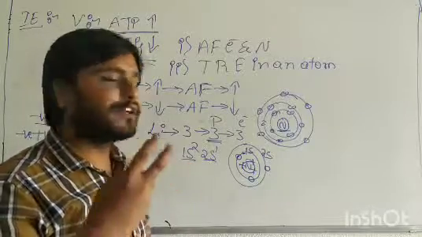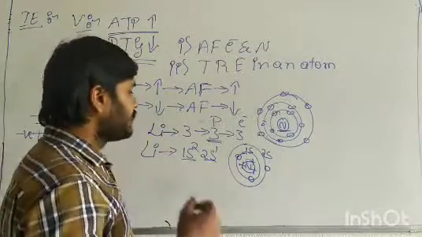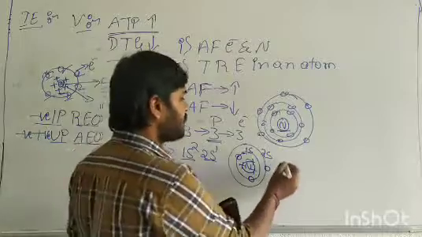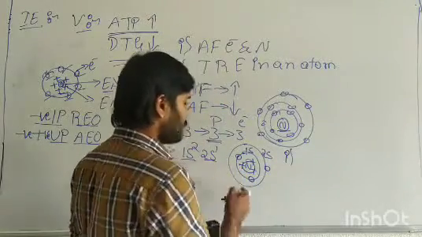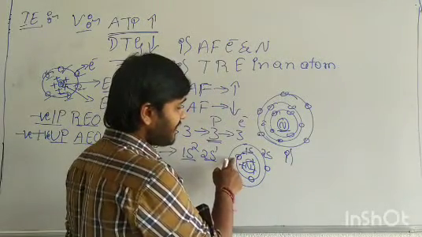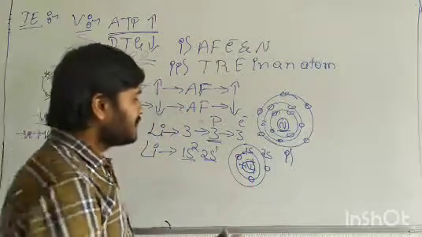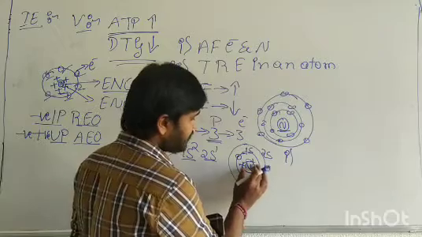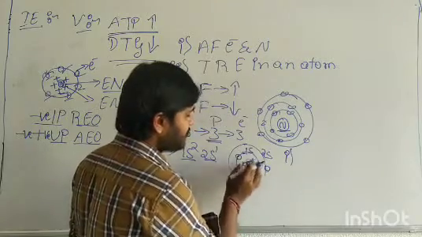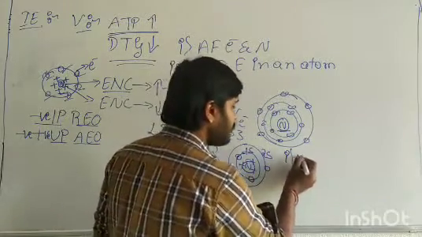There are two reasons. The reason number one is what? Your 1s electrons are near to your positively charged nucleus, so the positive charge experienced by these 1s electrons will be more.